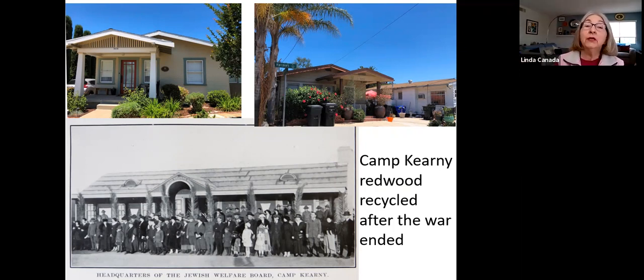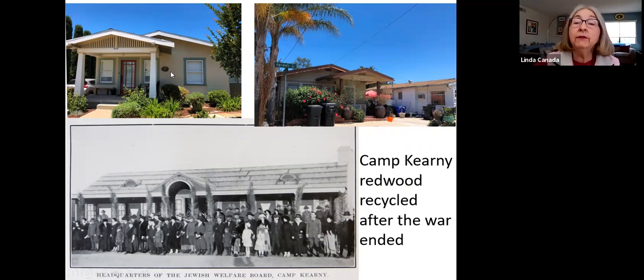And so the images on the upper part of this slide are two houses that were made out of redwood recycled from Camp Kearney. They are in the area of North Park, just south of University Avenue. The one on the left, you'll notice, has a San Diego Historic Resources Board plaque on the outside of it.